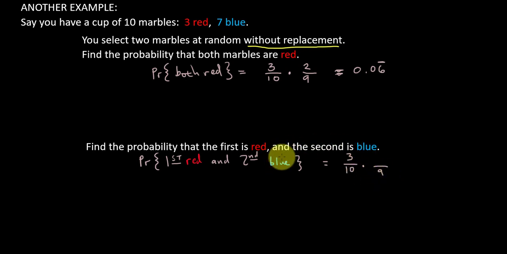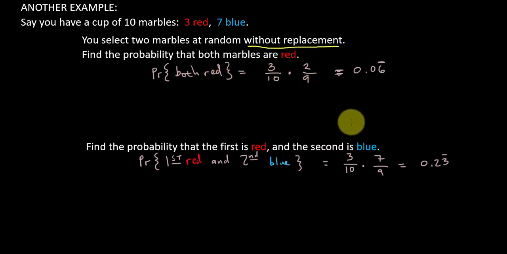And now, how many of those 9 marbles are blue? The blue marbles hadn't been touched yet, so there should still be 7 marbles there, which is 0.2333333333333. Awesome. So hopefully you can see why this is some form of conditional or dependent probability.